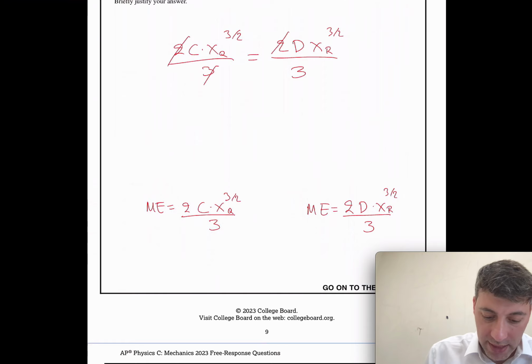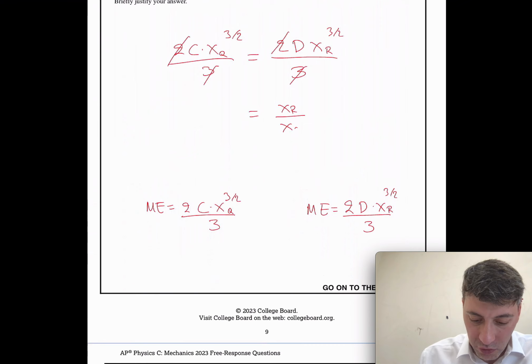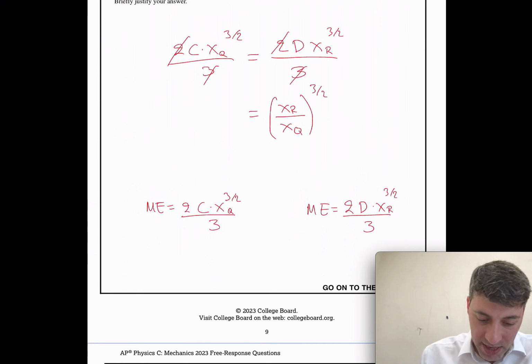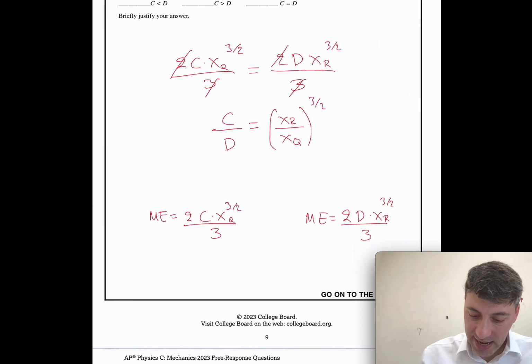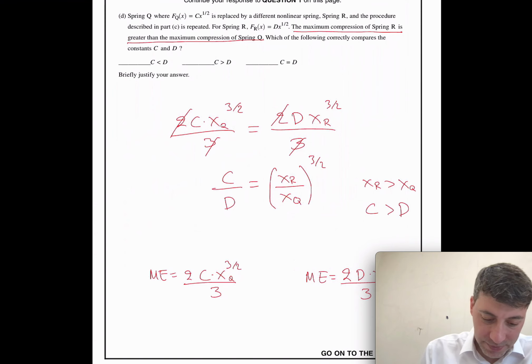The 2 and the 3 are cancelled, and we can say that x of R divided by x of Q to the power of 3 over 2 will be C over D. Now, since the x of R is greater than the x of Q, this is the given, the only way that this can happen is that the C is greater than D.